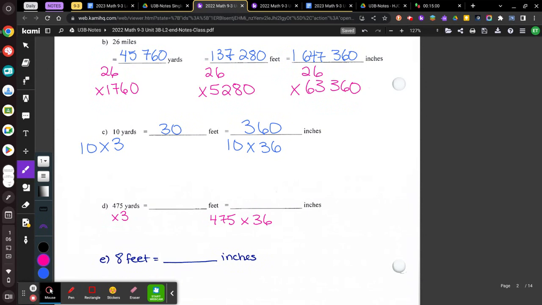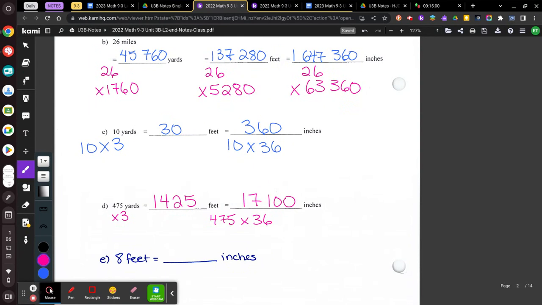All right, let's do the multiplying. Okay, for the first one, you're going to get 1,425 feet. And when we multiply by 36, we're going to get 17,100 inches.